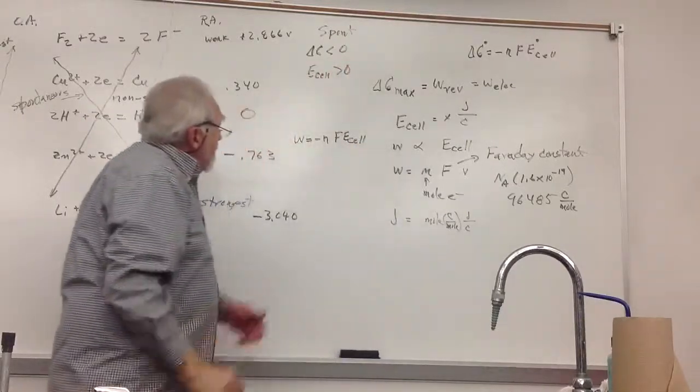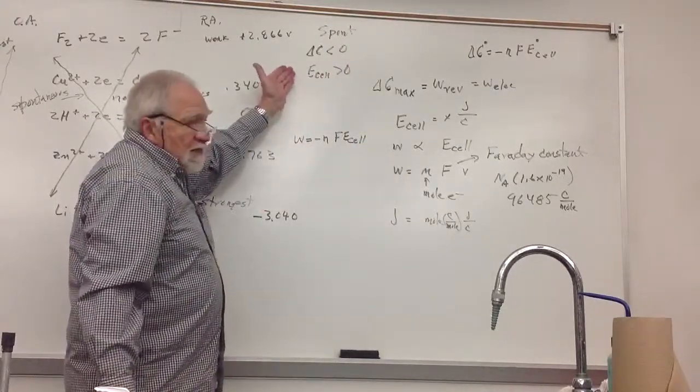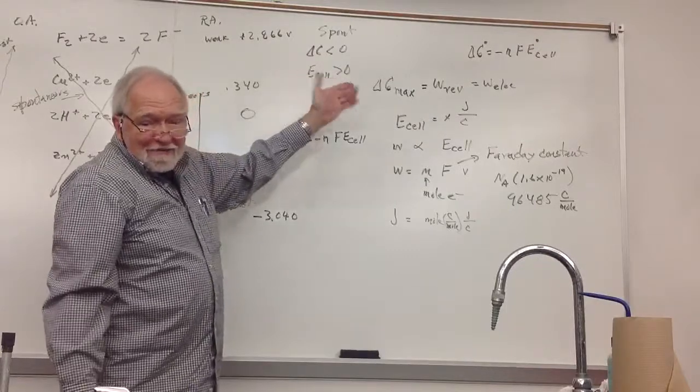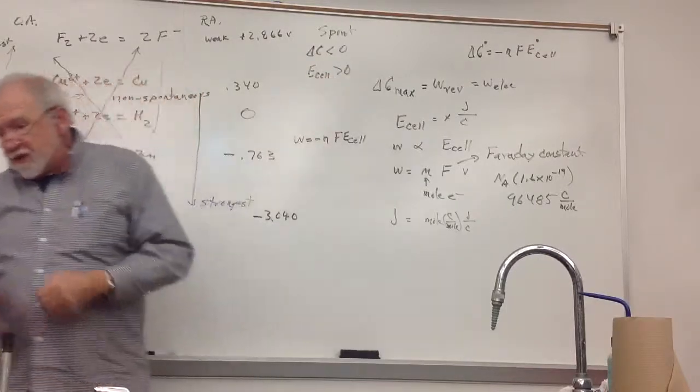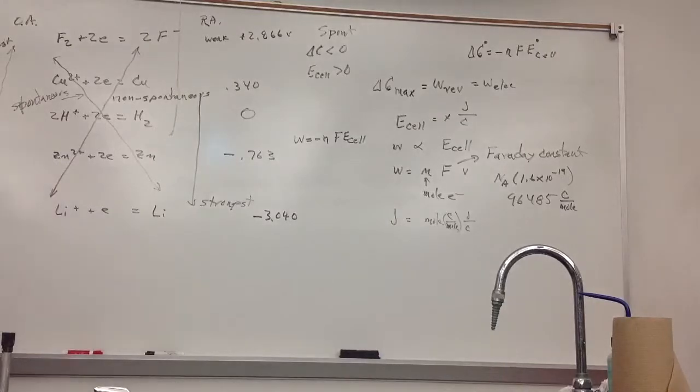And by the way, in some books you'll see delta capital E, and the reason your book uses U for internal energy is that those same books use E for internal energy. Then you start seeing delta and whatever. Your book doesn't want to use the delta, so it just uses the subscript word cell. So E cell has to be positive for a spontaneous reaction, and delta G has to be negative.